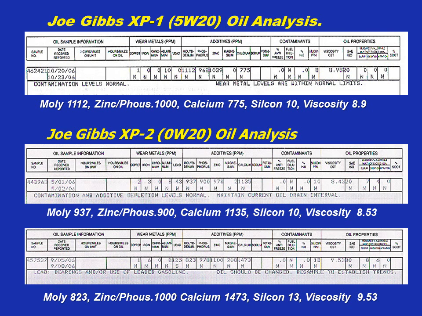So again, here's some old oil analysis that we had. Here we got Joe Gibbs 20 weight, and you can see that the moly was up there, about 1,000 parts per million, and that's how they decided to do their program. Calcium sulfonate phosphorus, unfortunately, was just at 1,000. Should have been like at 12 or 1,500 for racing, but that's how they chose to do it.